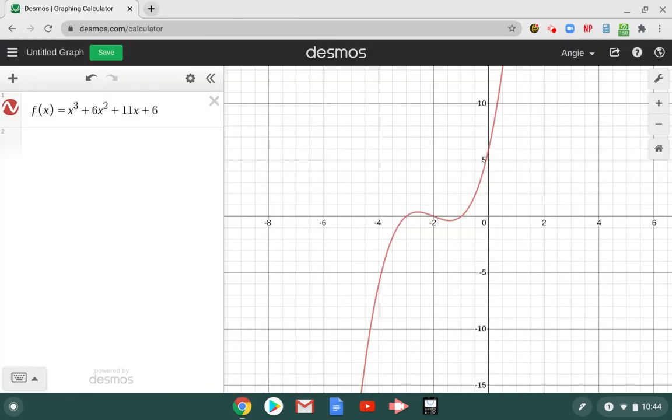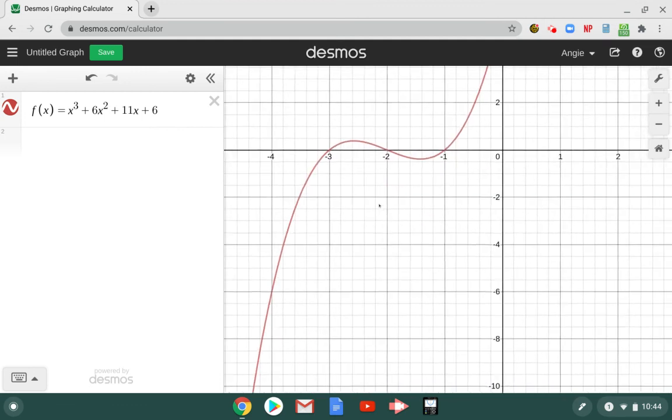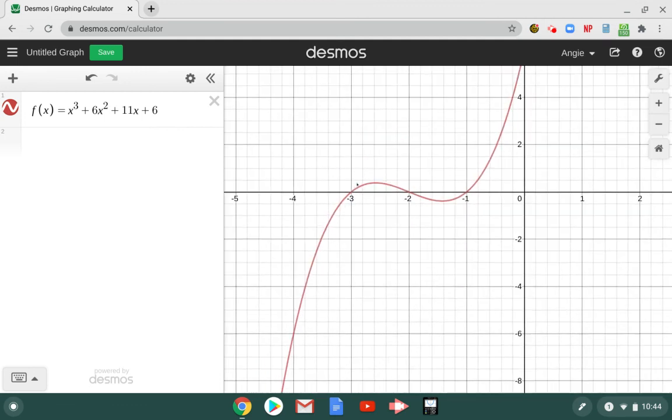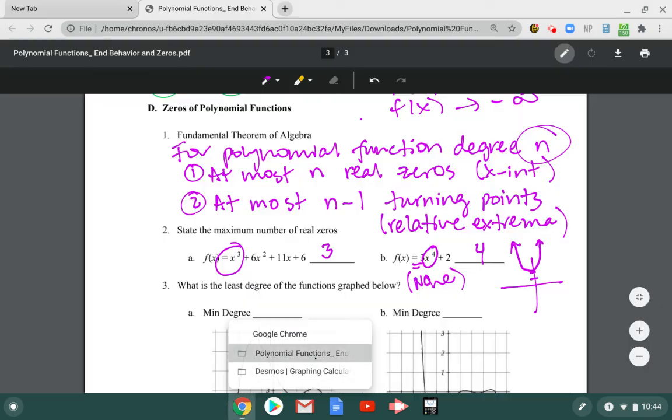So as opposed to this last one, this was degree 3, it does have all 3 of the real zeros. So I've got 1, 2, 3 of my real zeros. And I've got my 2 turning points. So there's that n minus 1 turning points. So the maximum number, you just know how much you're expecting. This is really helpful when we're doing the math to try and find what the values of those zeros are.